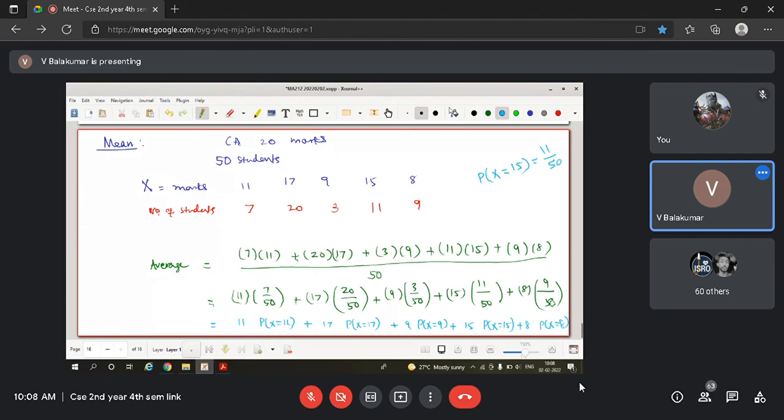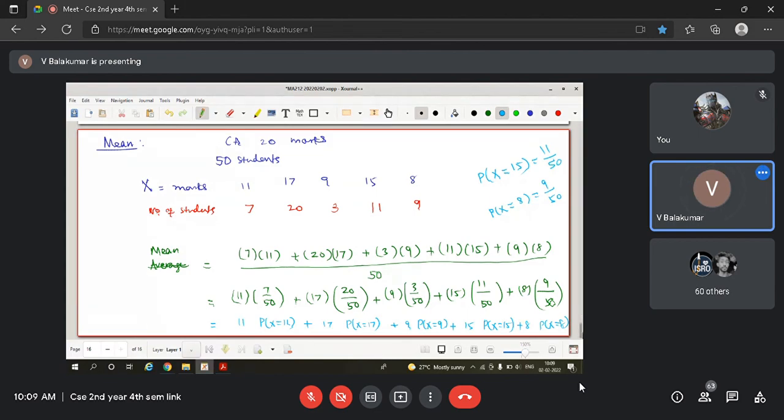Instead of this, let me write down the mean. If you want to define the mean, we shall define it in this way. This is just a motivating example. This is what we naturally do. Maybe one more thing I'll write: the probability of X equal to 8 is 9 by 50.